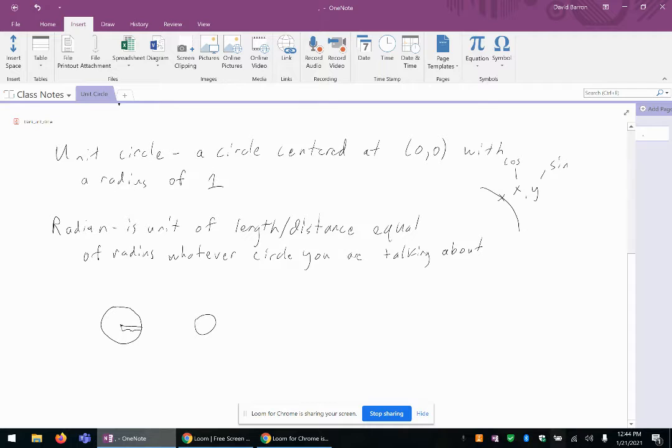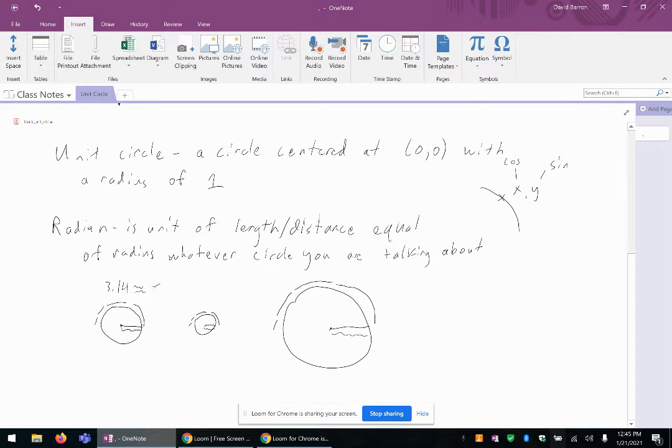So the amazing thing about that, if I have different circles, so this is 1 radian in that circle. Pretend these are circles and that my drawing abilities are actually worthy. This is a radian in another circle. This is the length of a radian in yet another circle. No matter what circle, if I have a piece of string that's 1 radian long, equal to the radius of that circle, it'll take 3.14, in other words, pi pieces of string to lay around the top half of the circle.